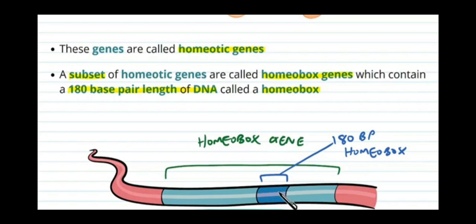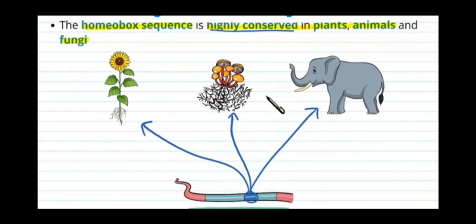Within the homeobox gene is present a conserved sequence which is present in all the organisms, and this 180 base pair length of DNA is called the homeobox.